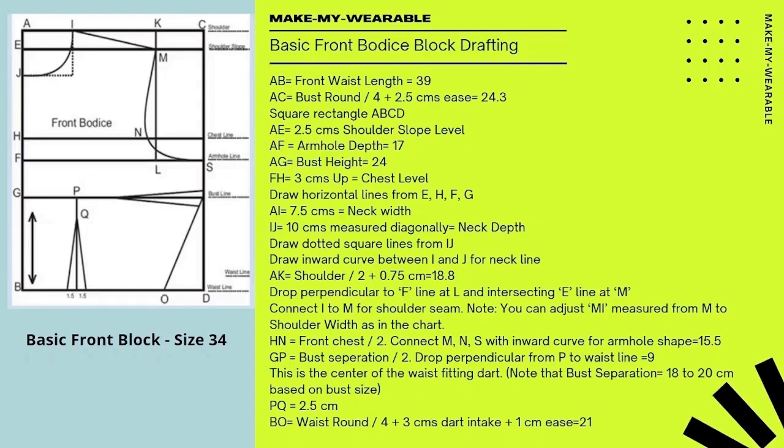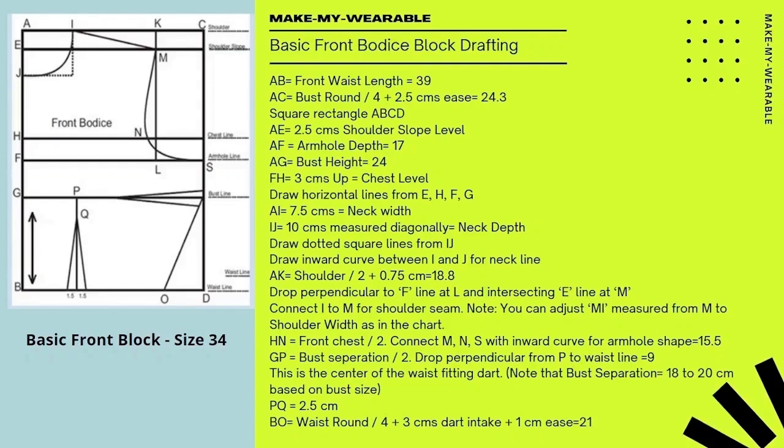Here you can see at the waistline a waist fitting dart to control the excess of the fabric at the waistline, and you can also see a bust fitting dart on the bust line to control the contouring or the bulge of the body near the breast area.